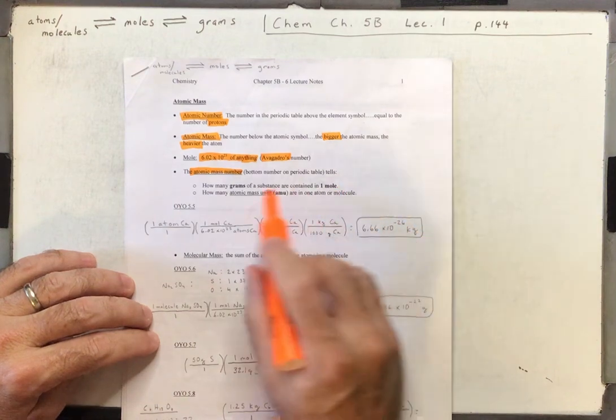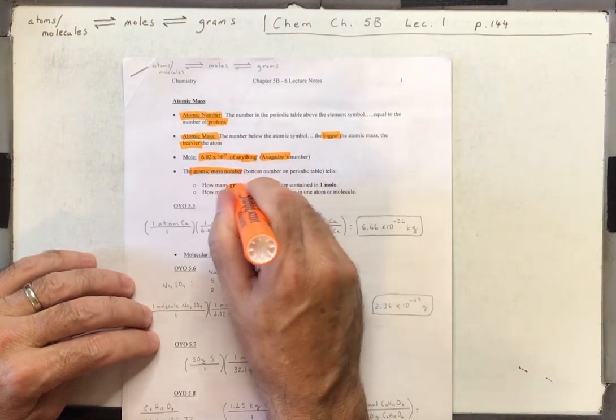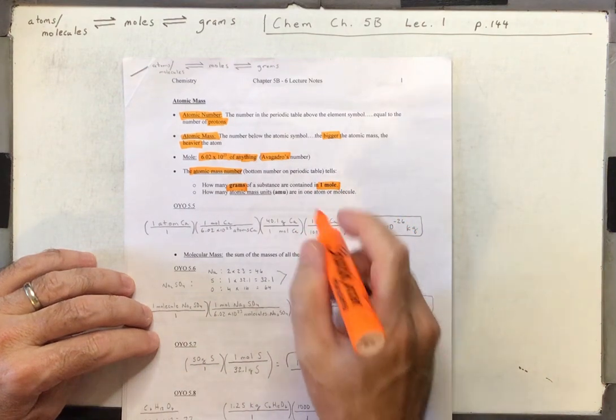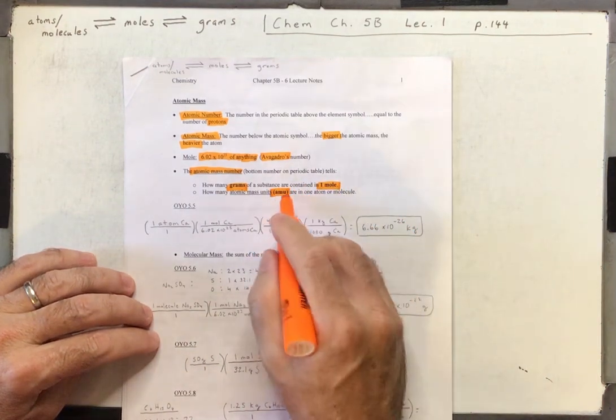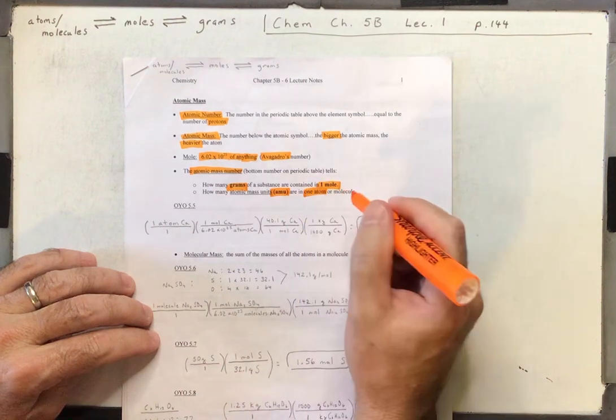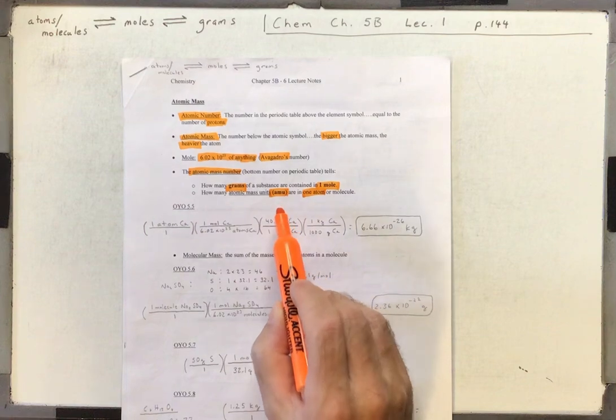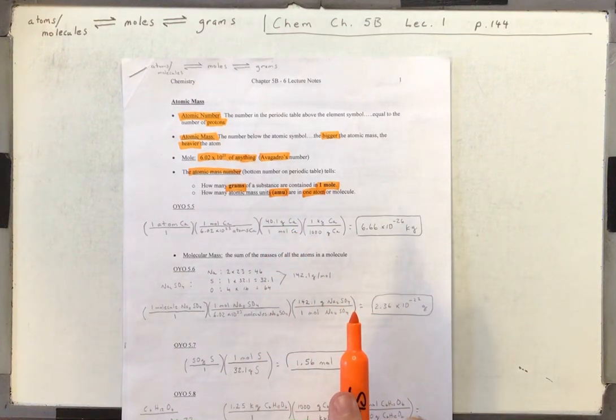It's how many grams are contained in 1 mole. It also means how many AMUs, atomic mass units, are in 1 atom. I'm not going to be using atomic mass units. I know that the book does. I prefer a different methodology.